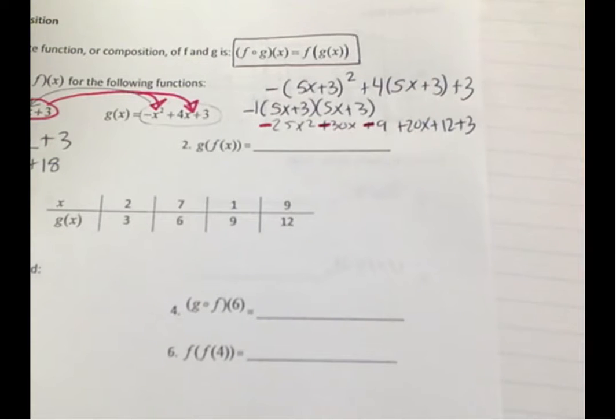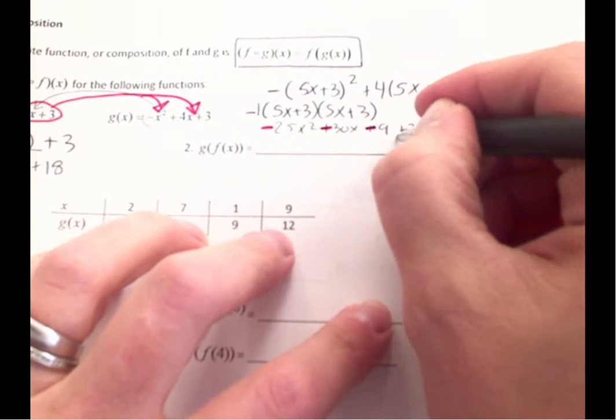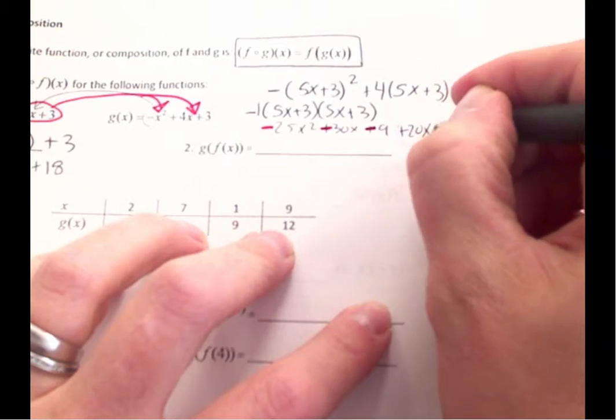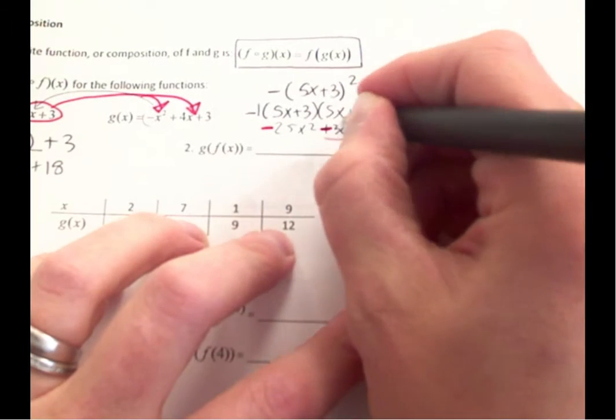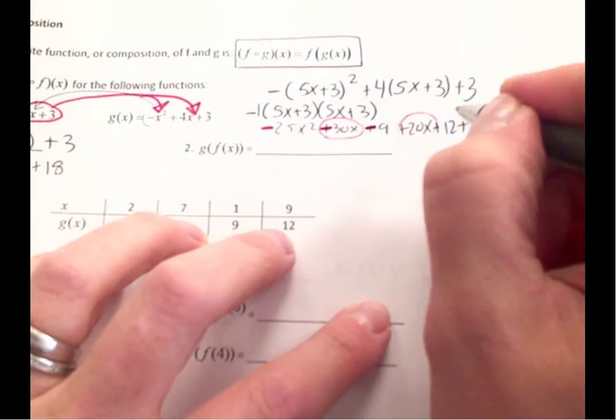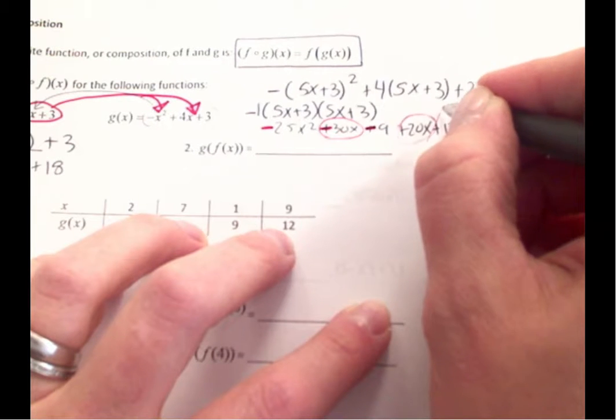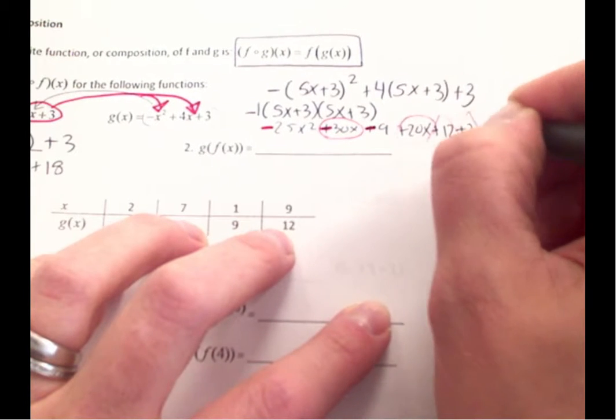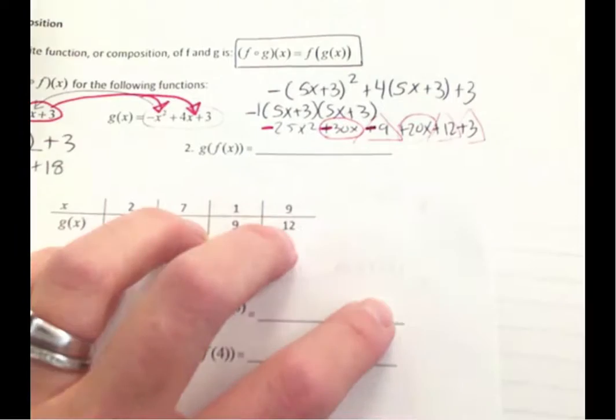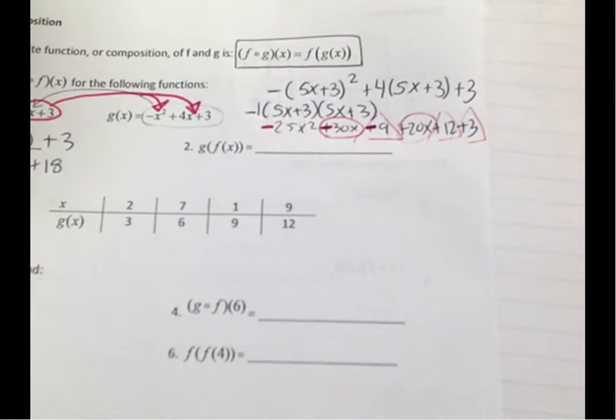And then combine your like terms. Possibly by circling them so that you don't make a mistake. Circles, triangles. Okay, there we go. Got it?